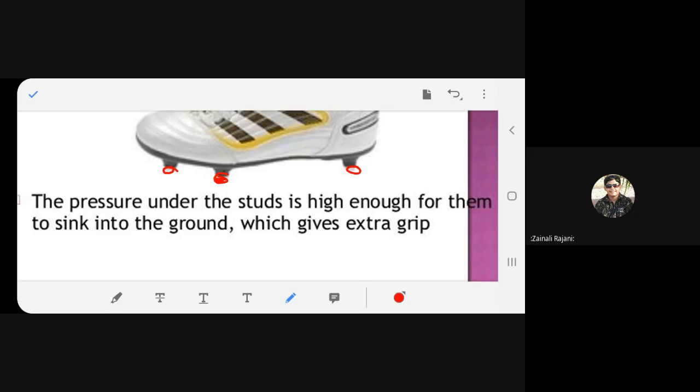You understood? Because that person may not have that much of speed. He or she can slip also because the boots are flat, and the ones whose boots have got studs will have extra advantage of moving very fast. Okay?